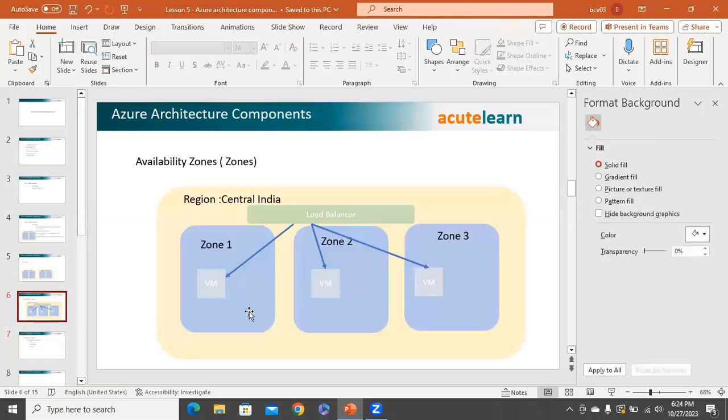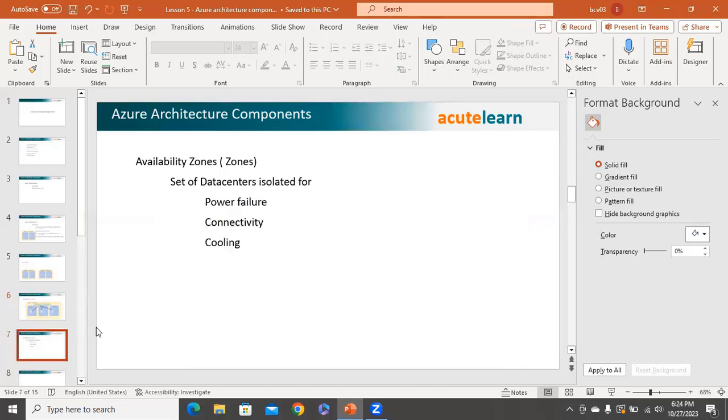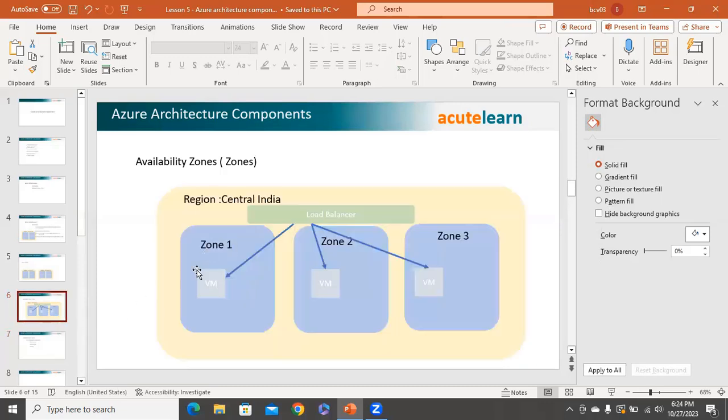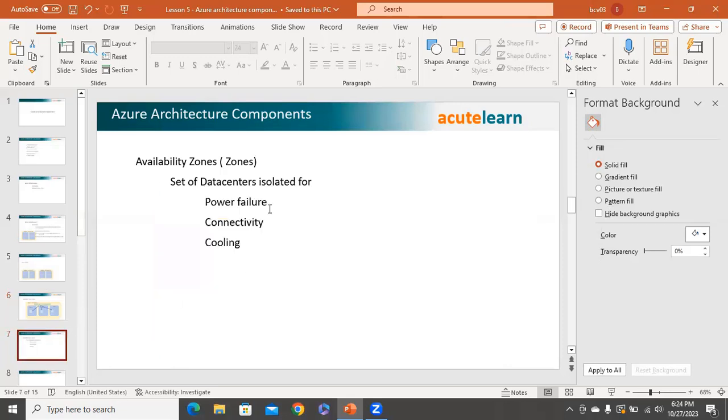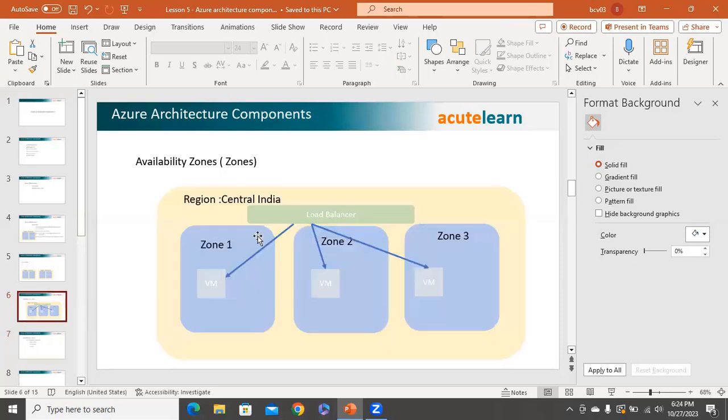If there is a cooling system failure, there will be a lot of heat generation, and because of that there could be an impact on the infrastructure, which can bring down these data centers. Due to power failure, it could bring down these data centers. Due to connectivity failure, if there is an internet connectivity failure at zone 1, then our VMs will not be accessible.